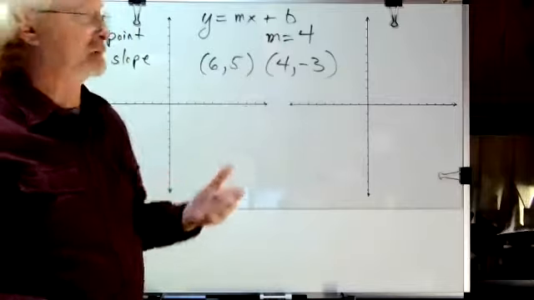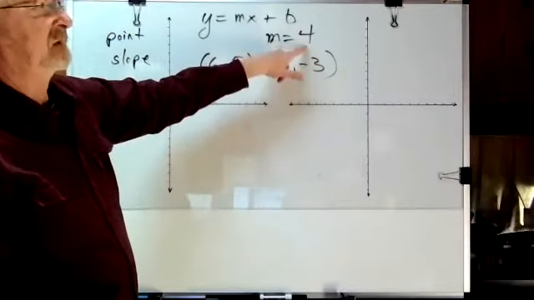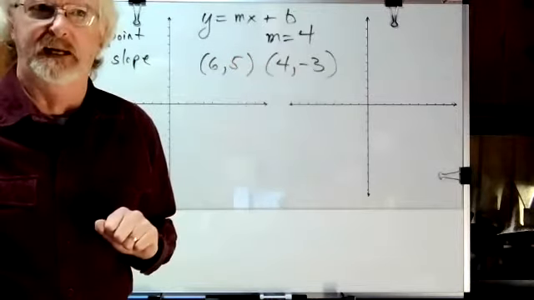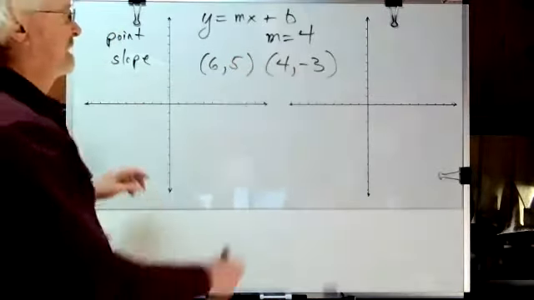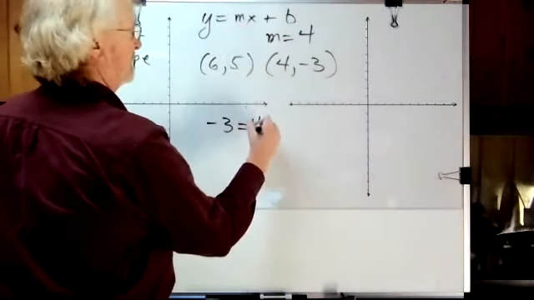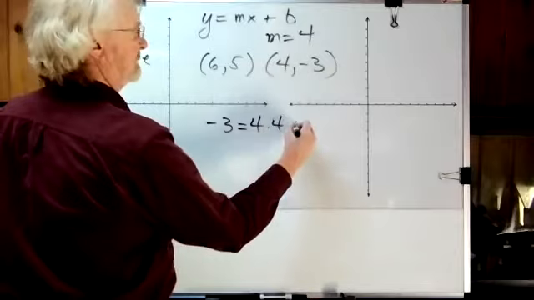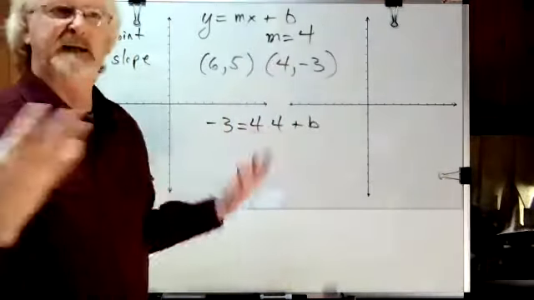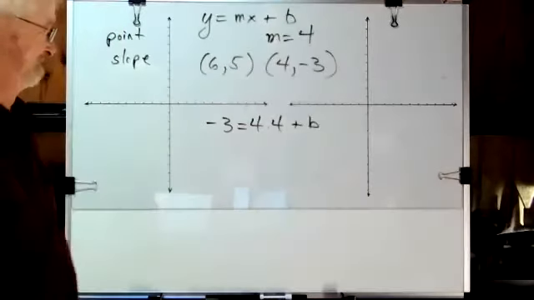But if this was a fraction, here's where you want to ask whether that fraction works better with one of the x's versus the other. Here it's not going to matter, but 4 for slope times 4 for x plus b. If they're integers or whole numbers, they stay whole numbers. It's kind of nice.